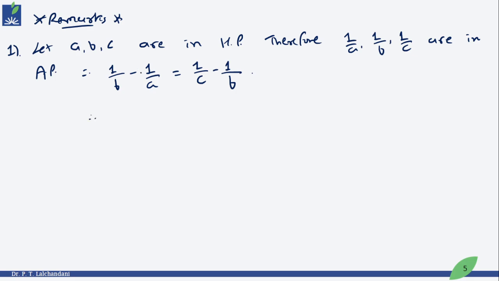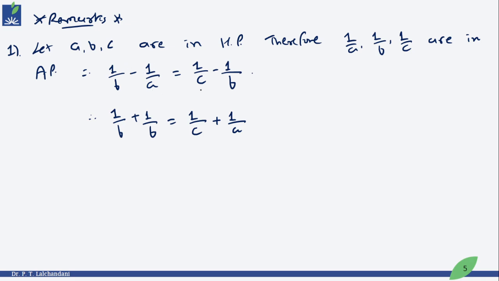I am adding 1 upon B on both sides. In other words, I am taking this 1 upon B on the left hand side and 1 upon A on the right hand side. So simply it will be 1 upon B plus 1 upon B is equal to 1 upon C plus 1 upon A. Since this is negative, on the left hand side it will become positive. Similarly here, this term 1 upon A is negative.